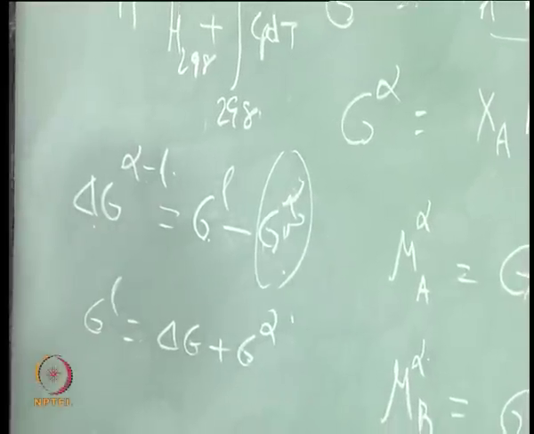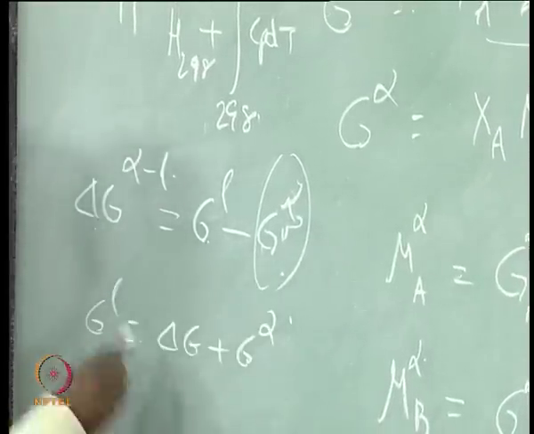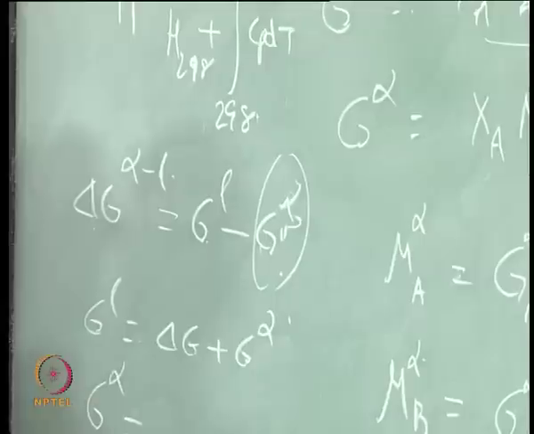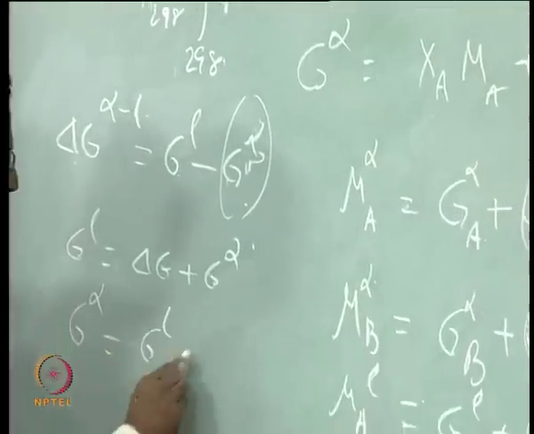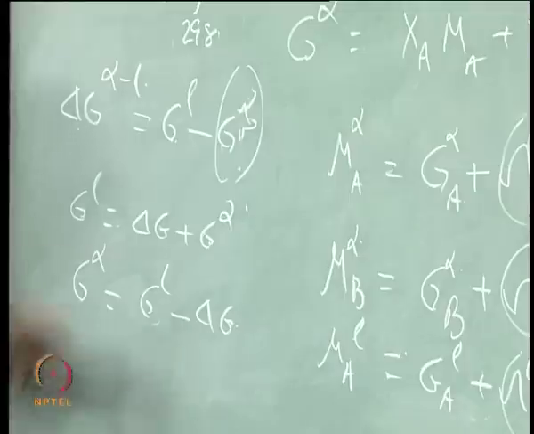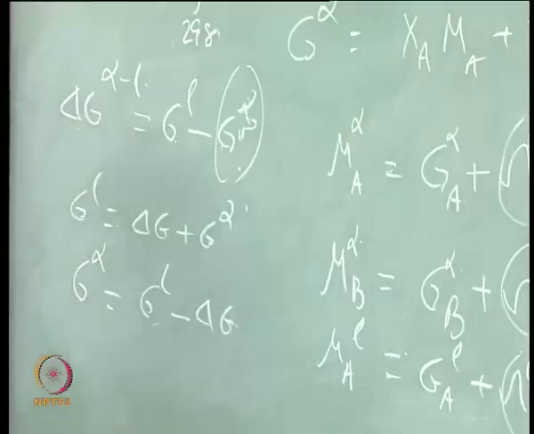I know G alpha, so I can find out G liquid. If I know G liquid and I do not know G alpha, I simply write that G alpha is equal to GL minus delta G. Rearrange. So if you know one of them and the delta G, the second one you can always find out at that temperature.